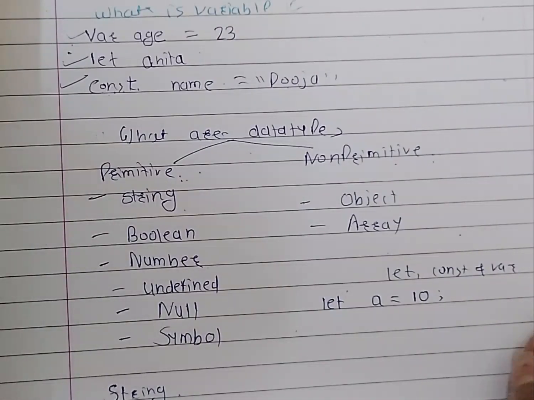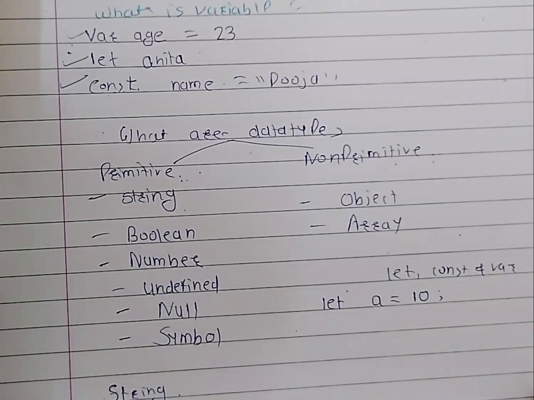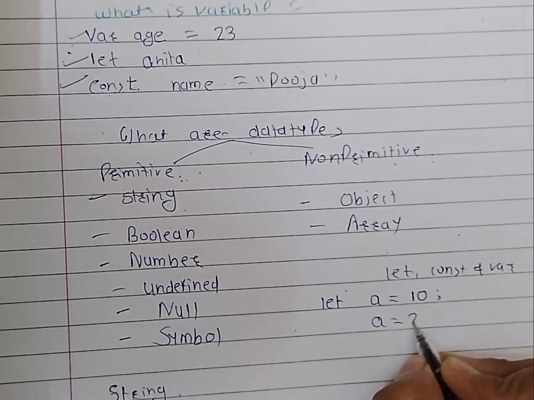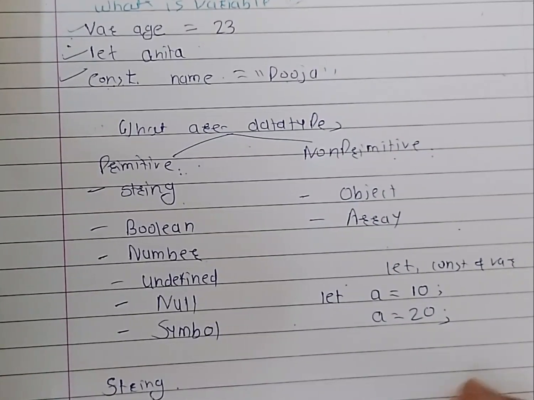Primitive data types are static data types, so what we can do is reinitialize it, like we can do let a is equal to 20. But in non-primitive data types we can't do things like this.